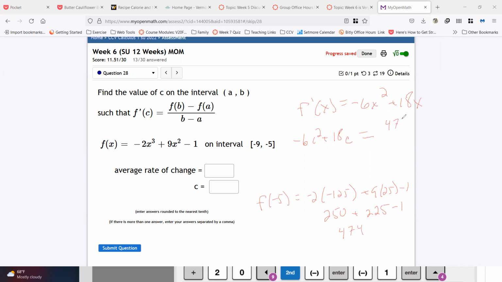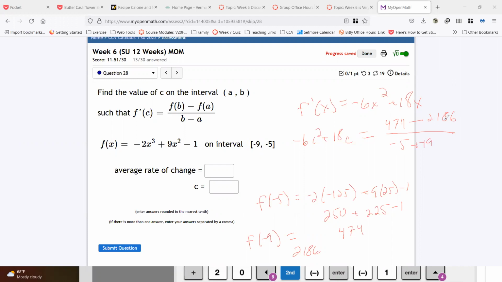So 474 minus f of negative 9. If you don't mind, I'm going to pause this and grab a calculator, and I'll be back. Okay, I did do that arithmetic right. I checked myself. When I plug that into my calculator, for the second one, f of negative 9, I got 2186. So minus 2186 divided by negative 5 minus negative 9.